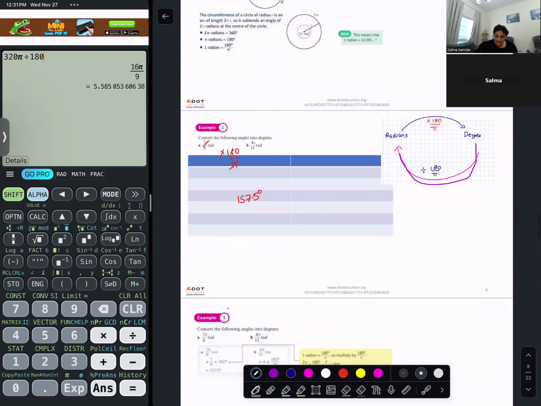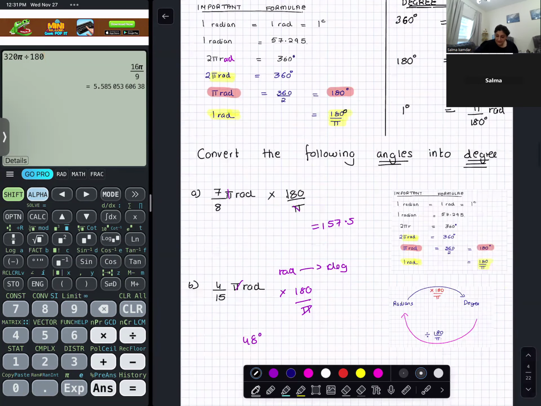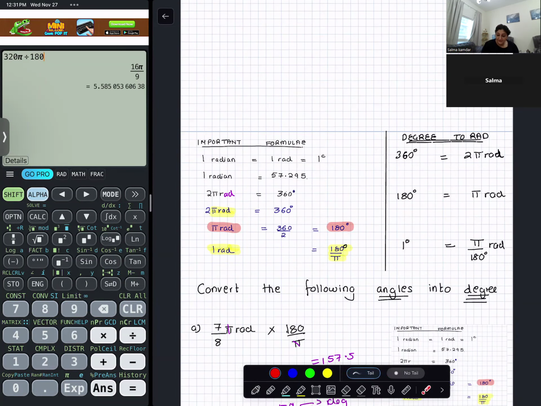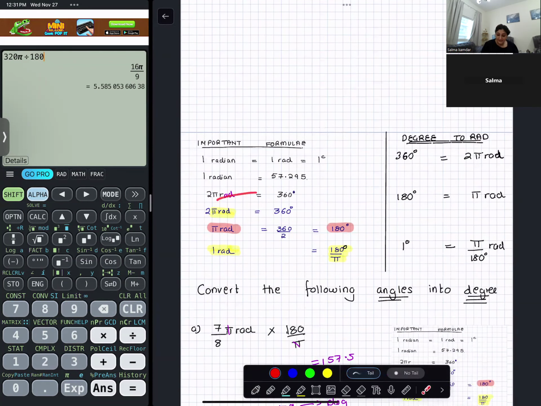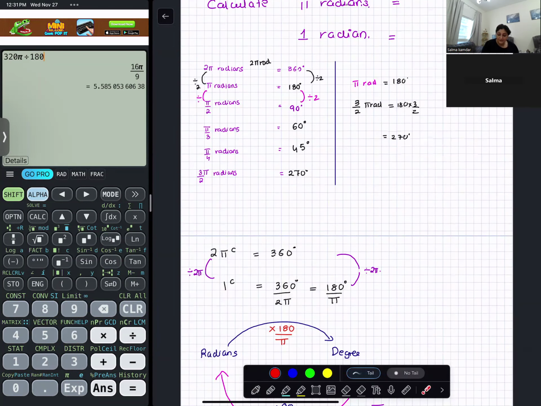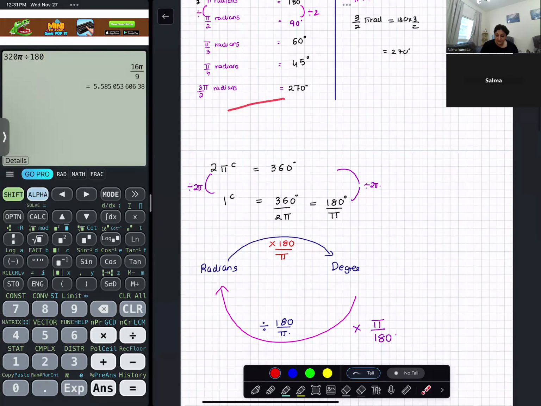The important point that you had to note over here is 1 rad is 57.295 degree, 2 pi rad is 360 degree, pi rad is 180, pi by 2 rad, pi by 3 rad, pi by 4 rad, and 3 pi by 4. If you have to convert radians to degrees, that means rad to degree, you simply multiply it by 180 over pi.